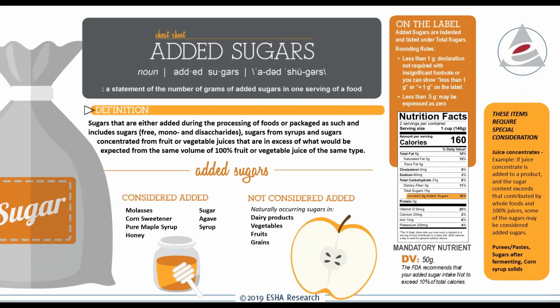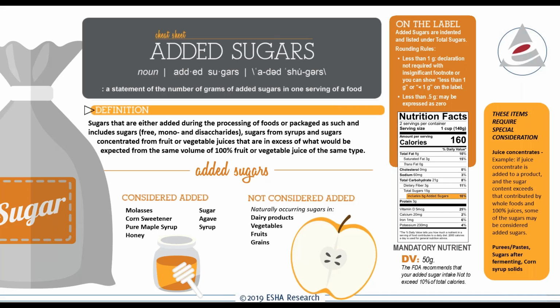We also have a series of cheat sheets available on the ESHA website. This is the sheet for added sugars. This provides at a glance the information we are talking about today. Note the declarations allowed for added sugars. If your product contains less than 1 gram of added sugars per serving, you can show less than 1 gram on the label, or you could include an insignificant footnote.